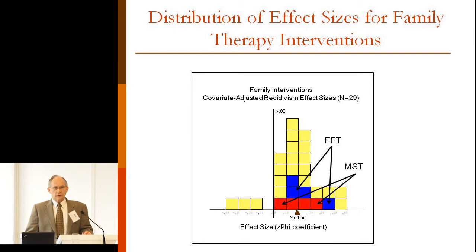So the interesting question is, what can we learn from the 29 studies as opposed to just the 8 that are on a name brand program? Notice that functional family therapy and MST do quite well on this distribution, so they deserve their reputation. But notice that they don't fall on the top end of that distribution, outperforming every other family therapy program that's been examined in credible intervention studies in the literature here.